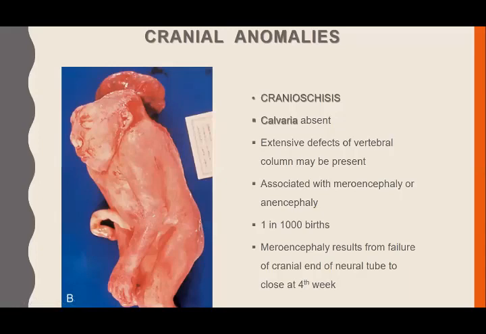Calvaria is absent, that is, skull cap is absent. This is also accompanied by, यहाँ पे आप देख लीजिए कि the brain is lying outside and the skull cap, इसको यहाँ ऐसे complete होना चाहिए था. The skull cap is missing.